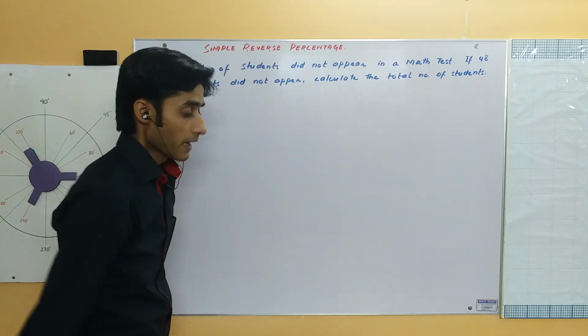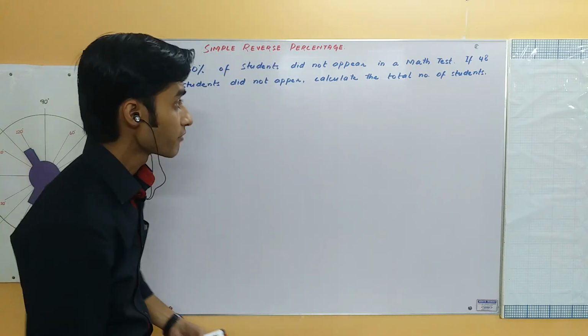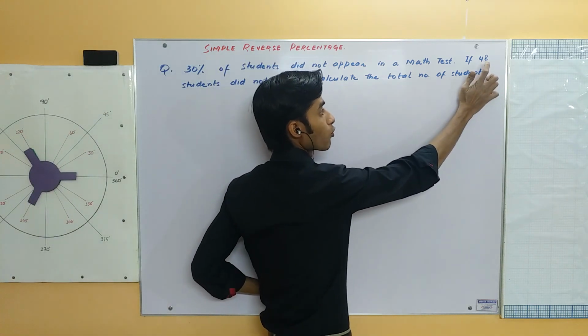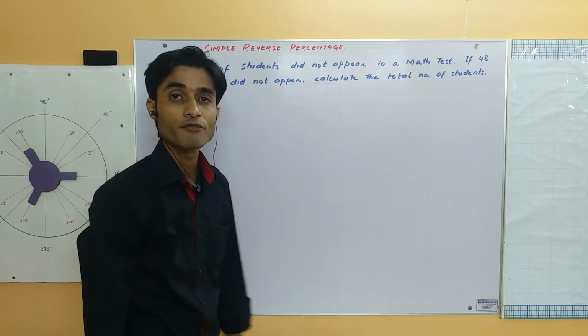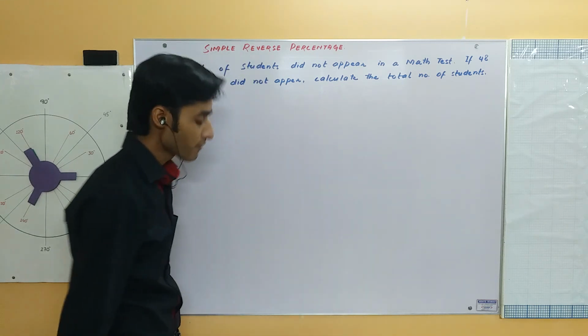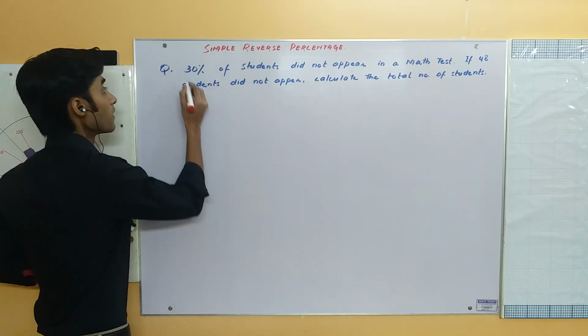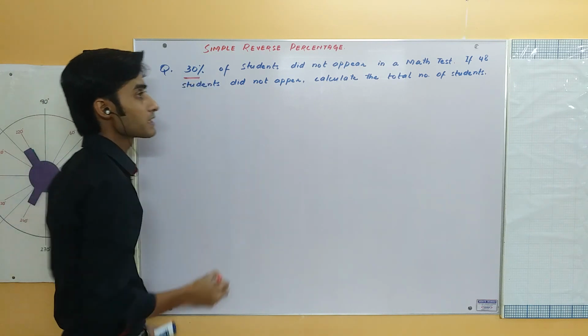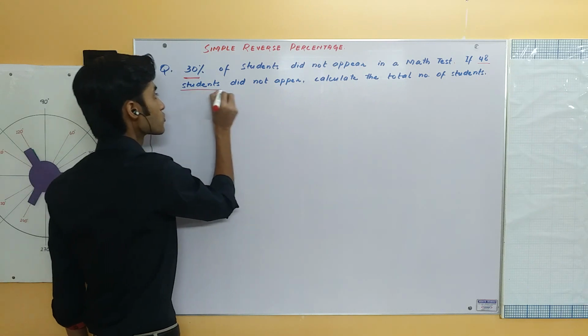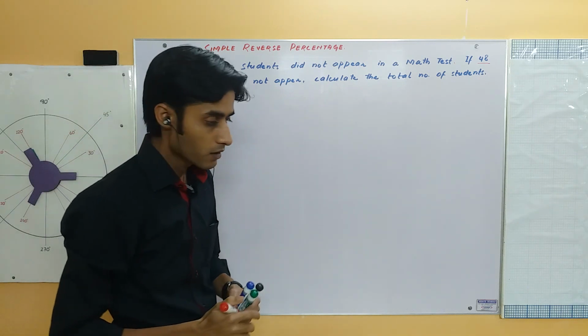Okay, so in this question I have given you two things: the percentage and the number of students that are there in that percentage. So one thing we are sure of is that 30% here means 48 students.